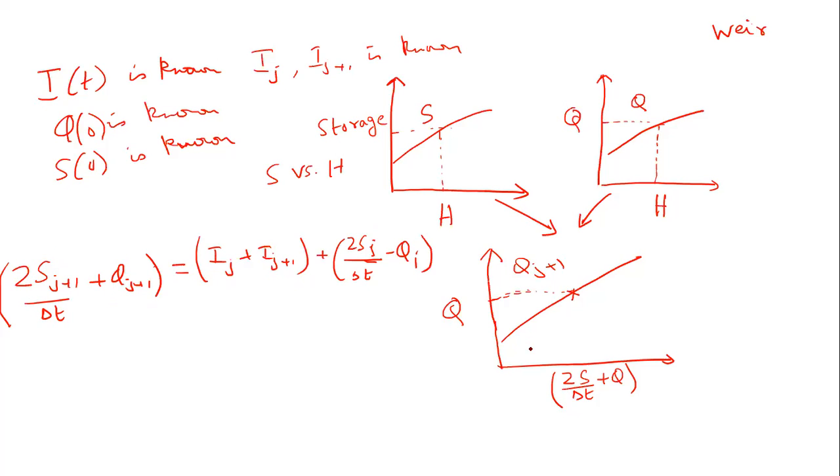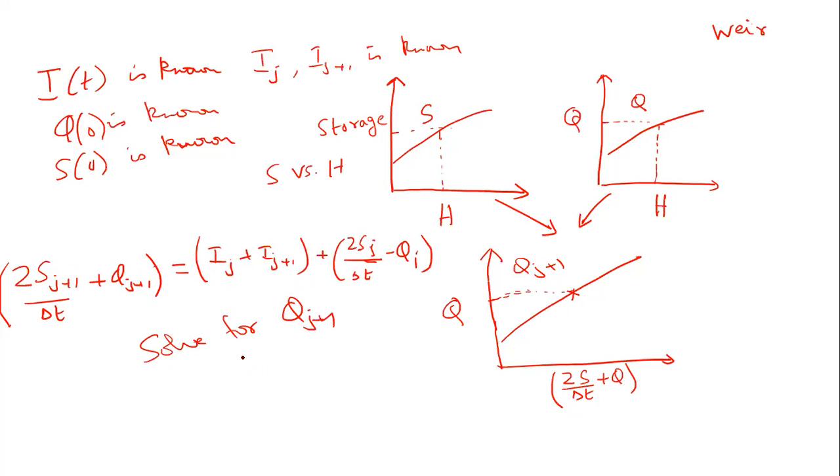I come back to this plot which I have already developed before solving the problem, which tells me the relationship between 2S by delta T plus Q and Q. On this curve, for this given value of 2S by delta T plus Q at time step j plus 1, I simply solve for Qj plus 1.